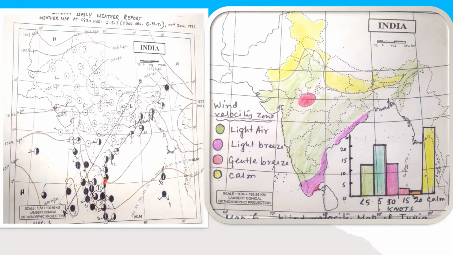Apart from that, a dispersed pattern for light breeze is also found. Gentle breeze with 15 knots wind velocity has been recorded at Madhya Pradesh and Tamil Nadu.